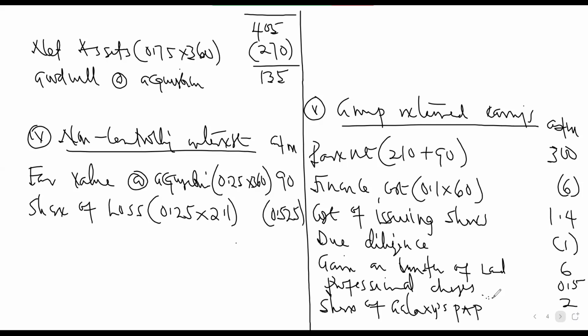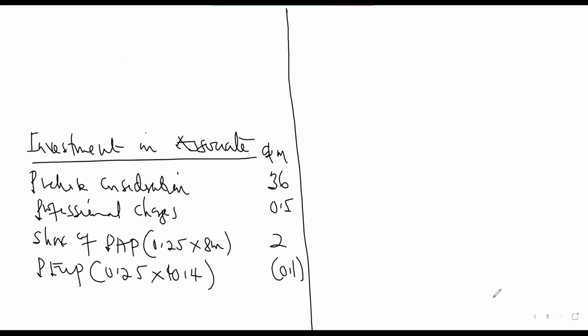That is a loss, and the parent will be having a share of the loss, 0.75 multiplied by 2.1. What would the parent be receiving? 1.575. Okay, 1.575.